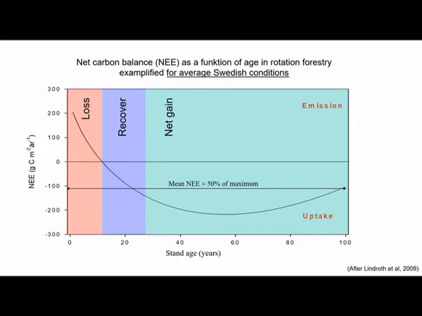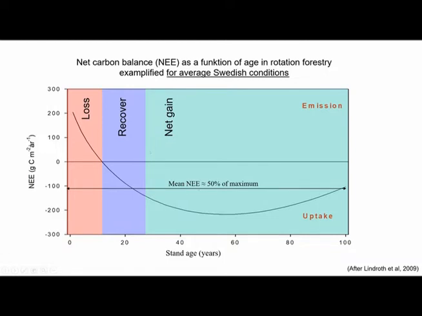So during the first up to 12, 15 years, we lose carbon to the atmosphere. And then we have a period of recovery, which is about equally long as the loss period. And finally, we get a long period of net gain of carbon.